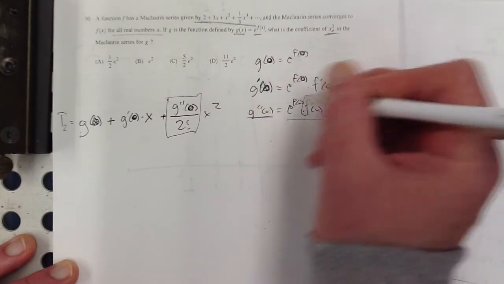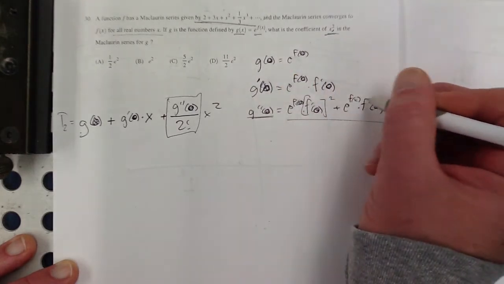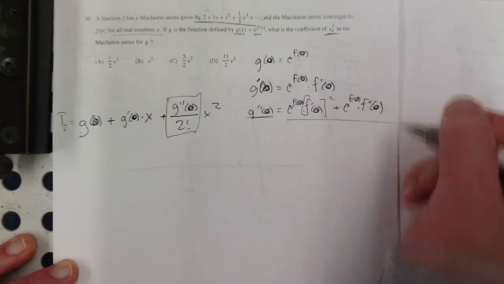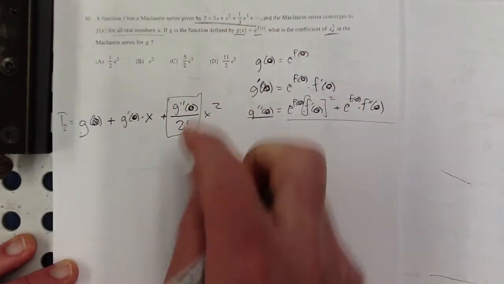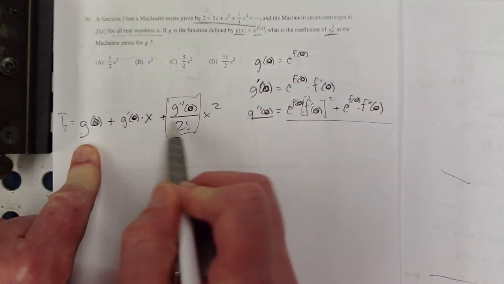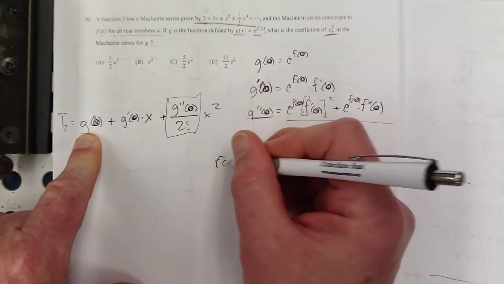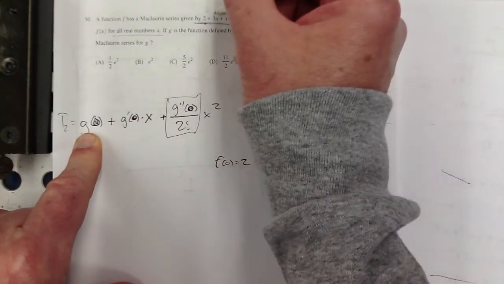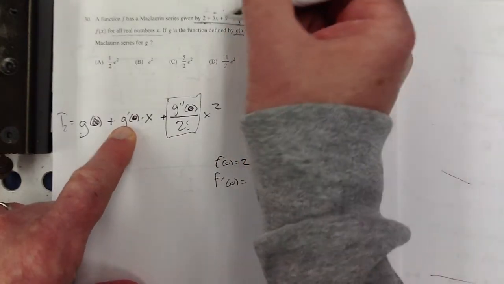I'm just scribbling on that so I don't have to rewrite this stuff. Okay, and then f of 0, f prime of 0, and f double prime of 0 I can get from this. So just like this series is g of 0, yada, yada, yada. So this number right here, that's f of 0. This number right here is f prime of 0.